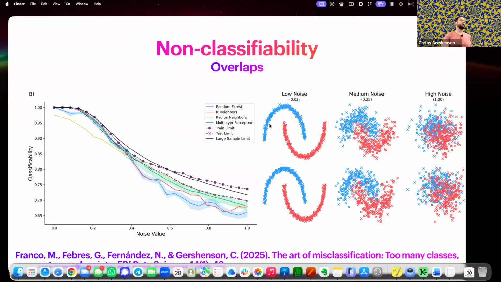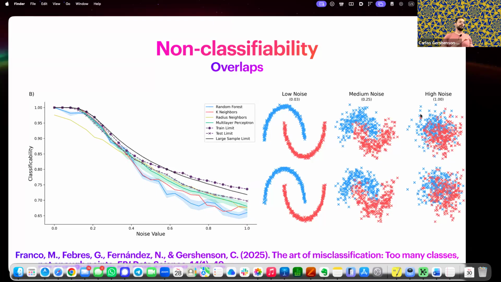We published this paper where we showed that, imagine you have these data points, and then you have some noise, and then more noise, or might not be noise, it's simply that you have overlaps in your data sets, then that limits classifiability. So that's another limitation for AI.